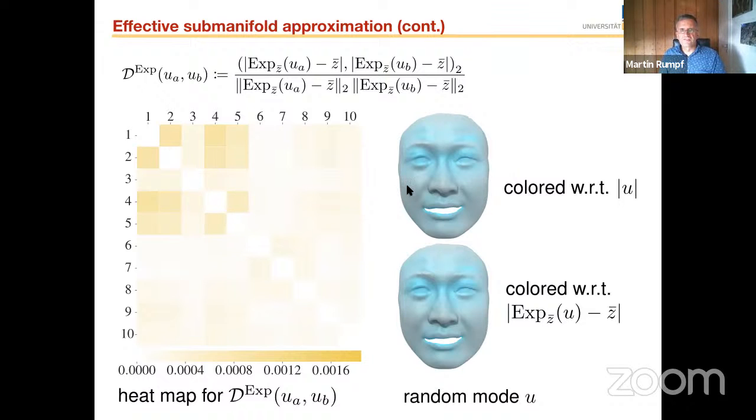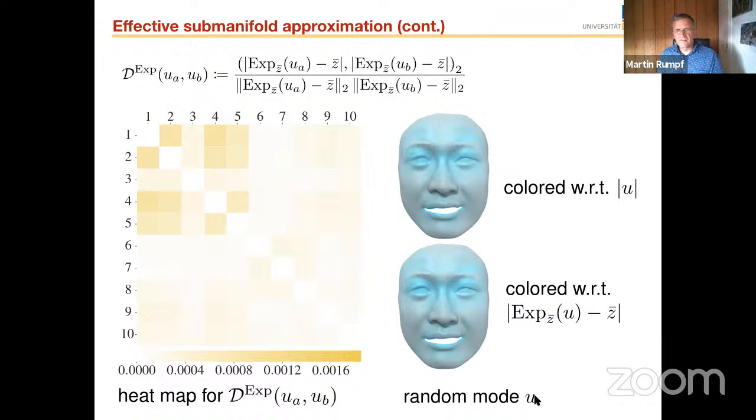And you also see here that if we take a random mode, decompose it, and then color code this error in the exponential, or this exponential component, then you see that there's a strong locality principle.